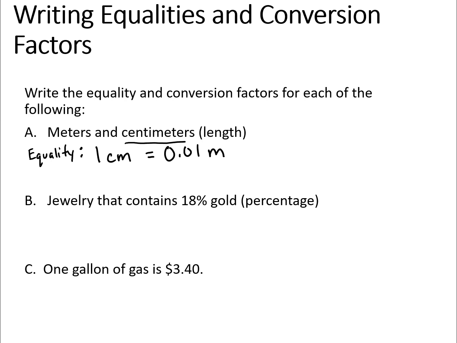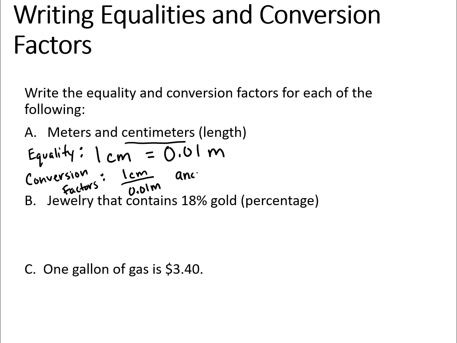From there, we need to write conversion factors. And those look like fractions. So you take the 1 centimeter and make that the numerator. You put the 0.01 meters on the bottom as the denominator, and that's 1 conversion factor.